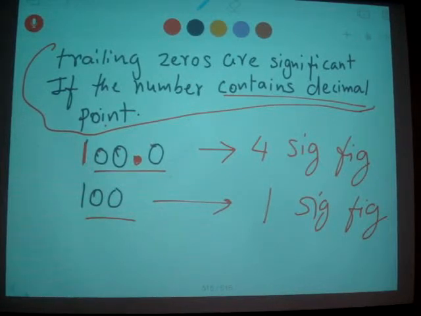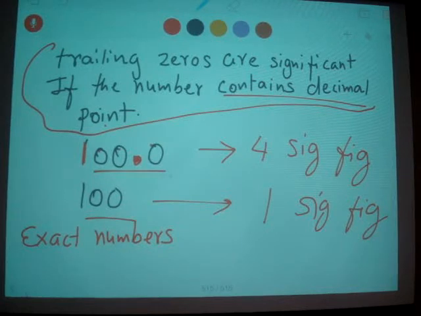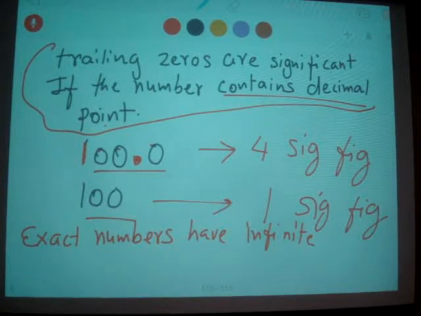Now, there is one more rule. Exact numbers have an infinite number of sig figs.